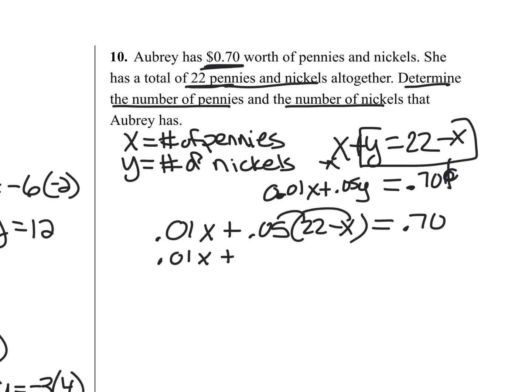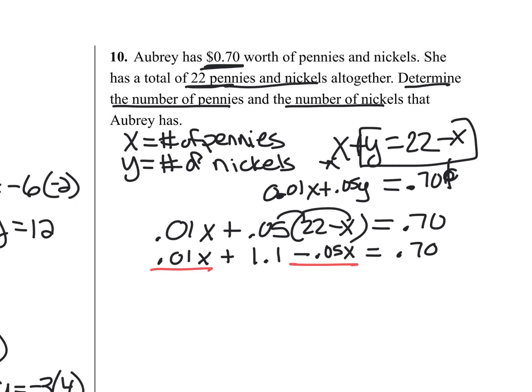So 5 cents times 22 is 1.1, so $1.10, minus 0.05x equals 0.70. So now we need to combine our like terms. We're just adding them together. They're on the same side. Do not do the opposite.